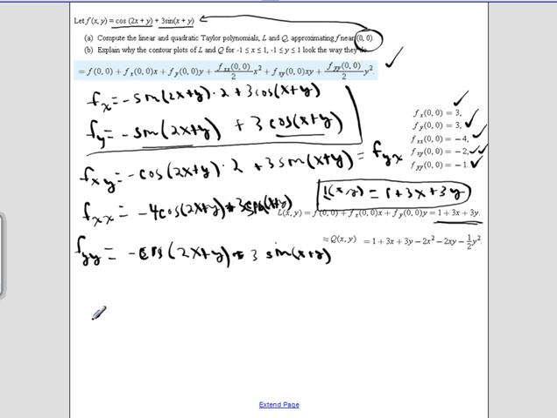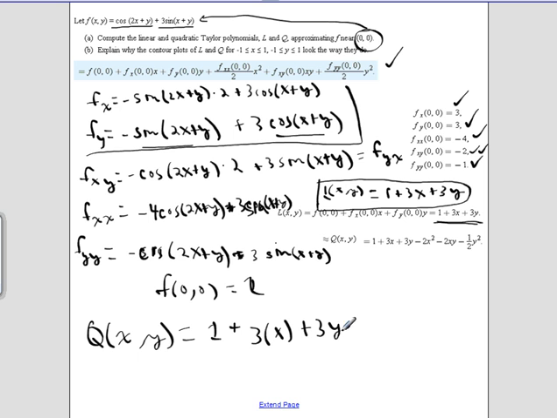So then our equation becomes q of xy equals our point at 0, 0. So we know that f of 0, 0, same as last one, it's just 1. So we have 1 plus 3x plus 3y plus negative 4 over 2 x squared plus minus 2xy.